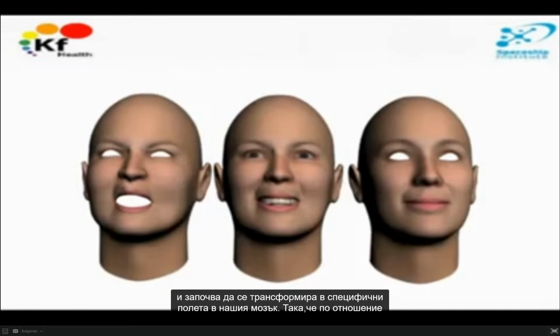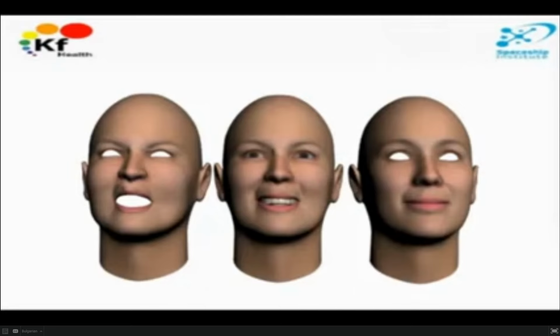So, regarding the difference between the sensor organs, each of the sensor organs accepts a different kind of field from the environment and in a specific way transforms the information from those fields to the brain. Actually, our eyes accept part of the spectrum of information from the environment and transform that information into images, and we have vision.